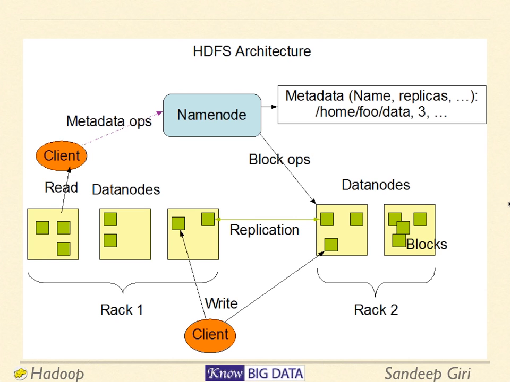Google came up with the idea of the Google File System, where they have one master node and a lot of data nodes.